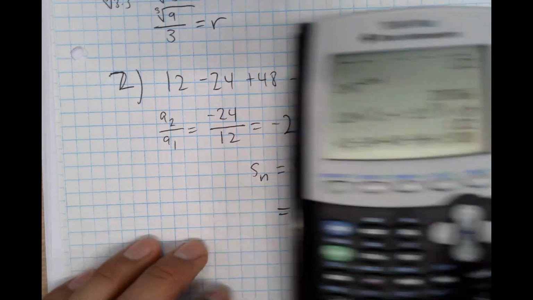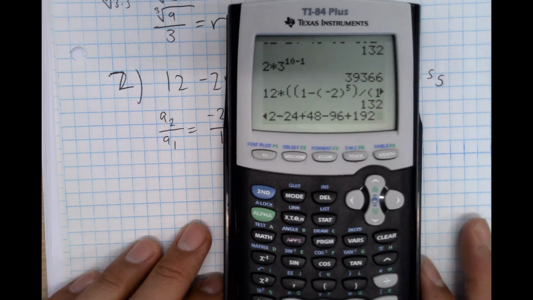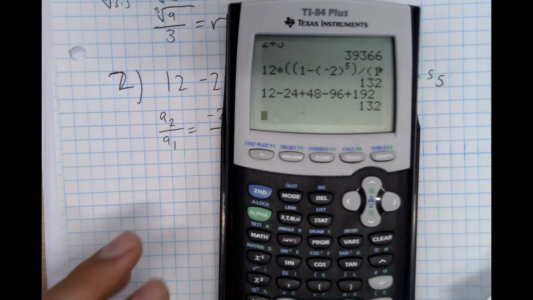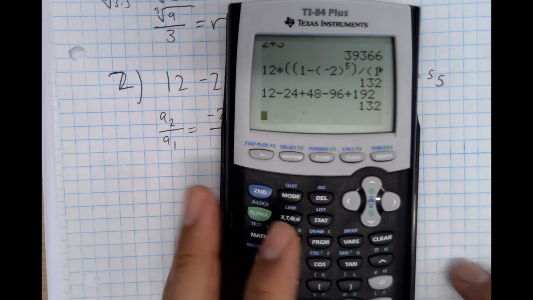So assuming that I did my partial sum correctly, I should get the same exact answer. And you can see here that if I actually did it by hand, if I just added those together, I still get the same answer. I get 132. Okay. And that is my partial sum.